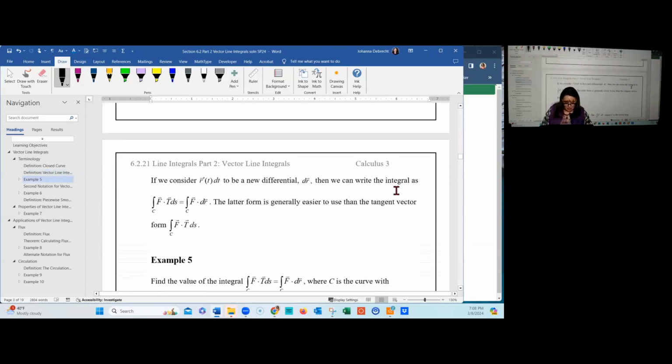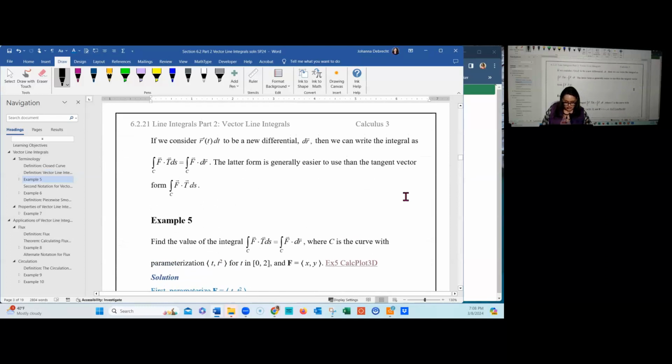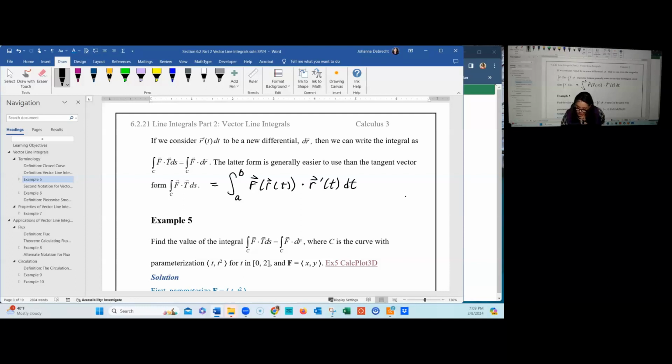Let's now go ahead and think about this new representation of the vector line integral. Since we had the integral of F dot T ds, and we rewrote this in terms of the parameter t from a to b of F of r of t dotted with r prime of t dt, we could, in a sense, define a new differential as dr, and we can call this the vector differential.